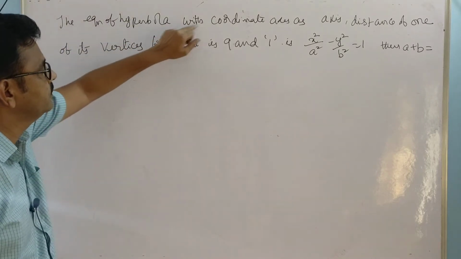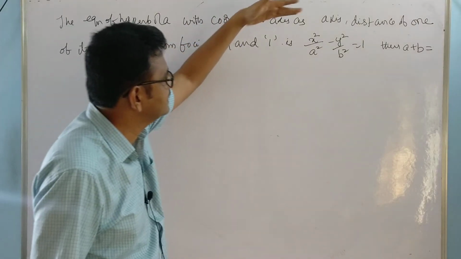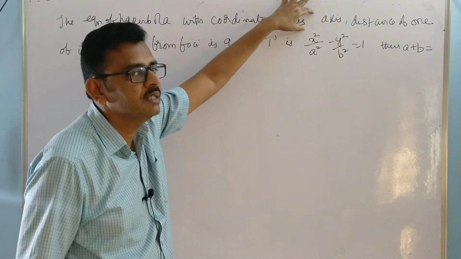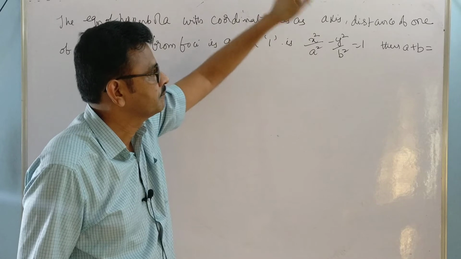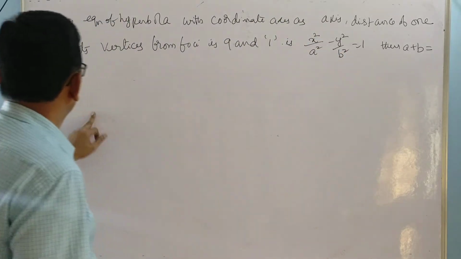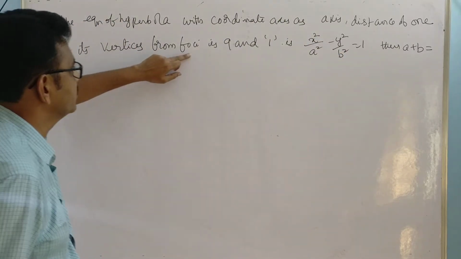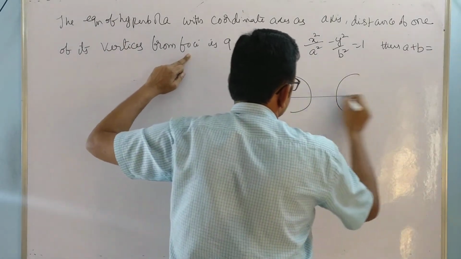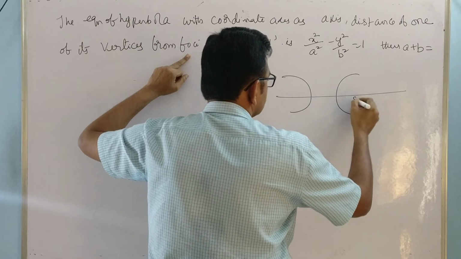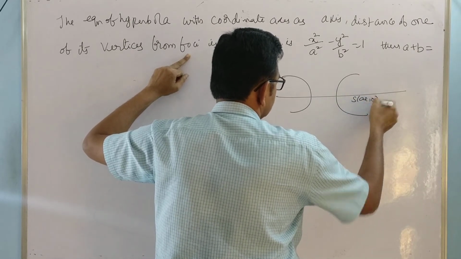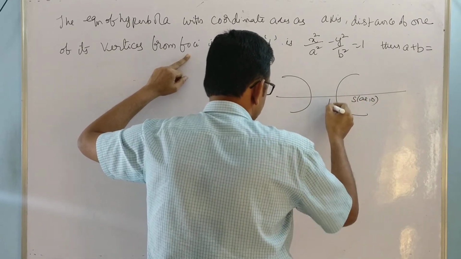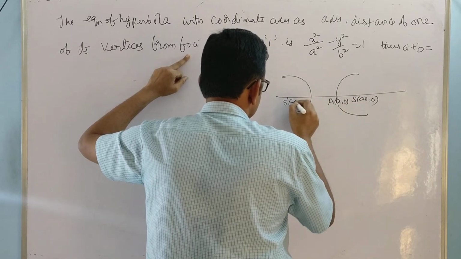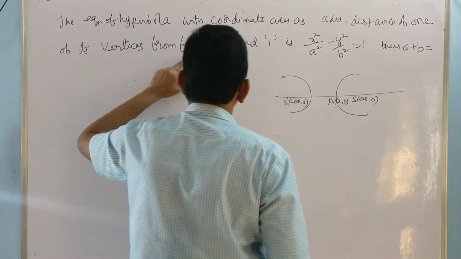Equation of hyperbola with coordinate axis as axis of the hyperbola, that means the center of the hyperbola becomes 0 comma 0. Distance of one of its vertices from the foci: this focus is ae comma 0, this is minus ae comma 0. I am taking the vertex a comma 0.